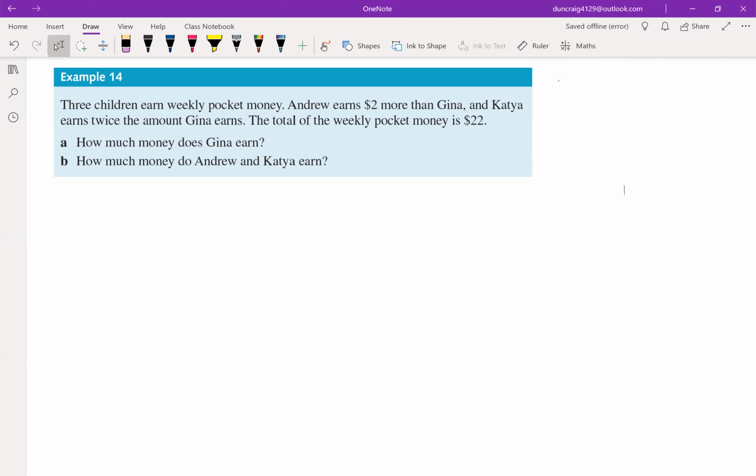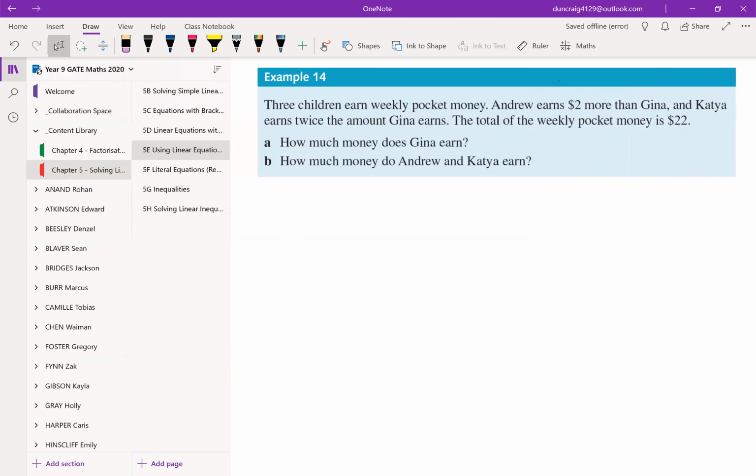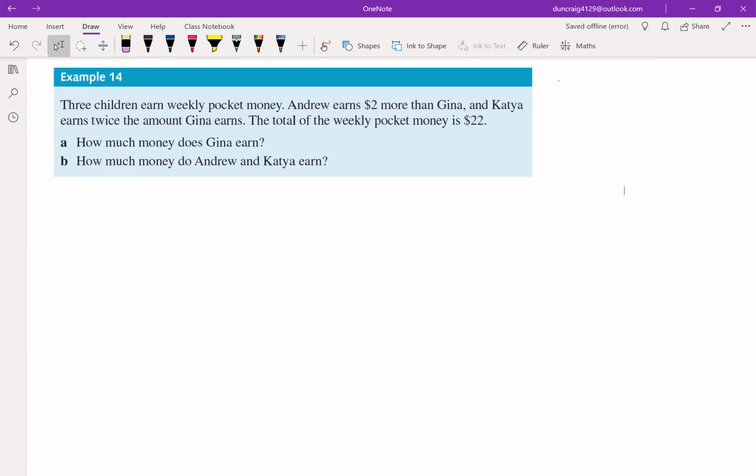All righty, so what do you do? Let's use pocket money as the variable. Pocket money of Andrew is going to be $2 more than Gina.